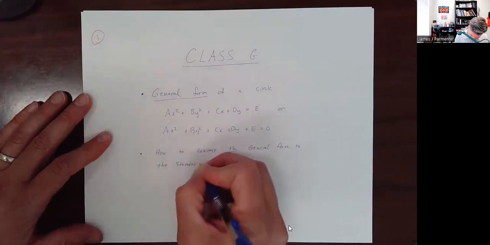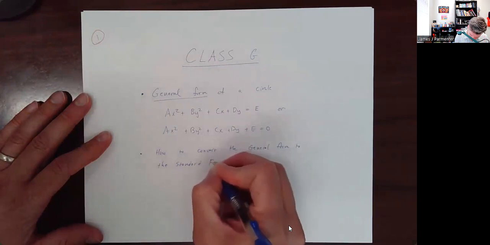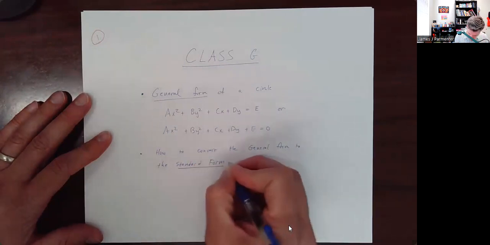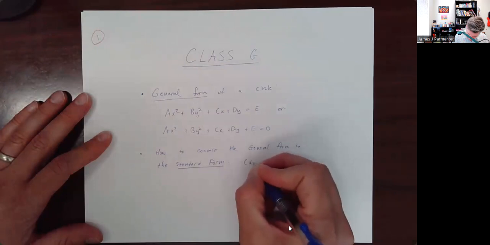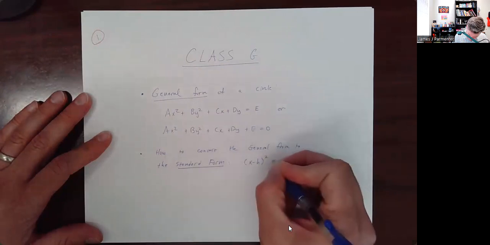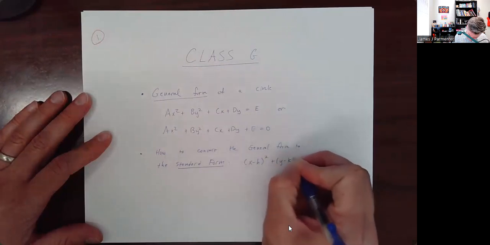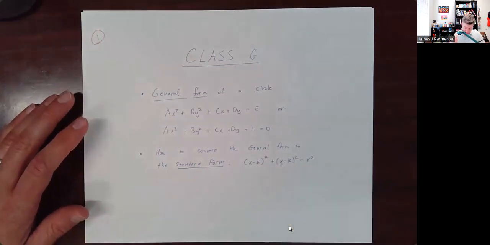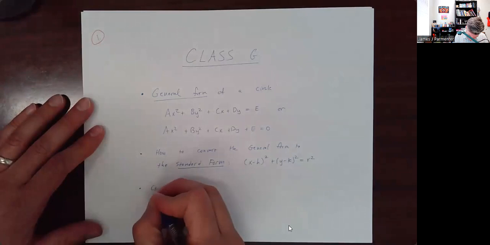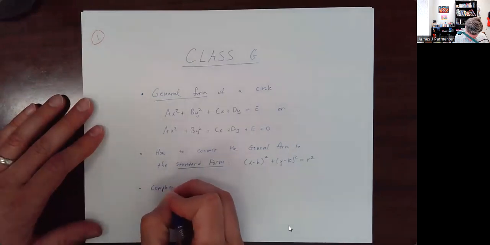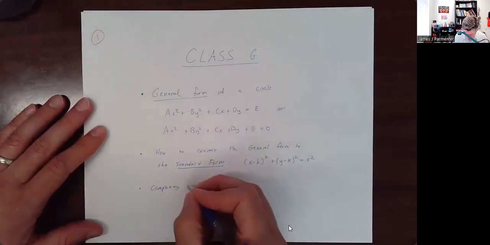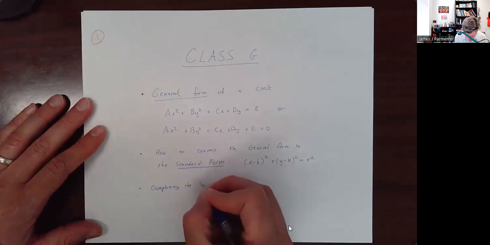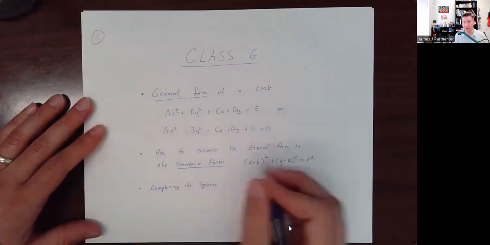The standard form being the one where you can easily see what the center and radius are. (x minus h) squared plus (y minus k) squared equal to r squared. And the process is called completing the square, which sounds kind of funny, right? Because we're talking about circles, not squares, but completing the square is about how we're factoring this.